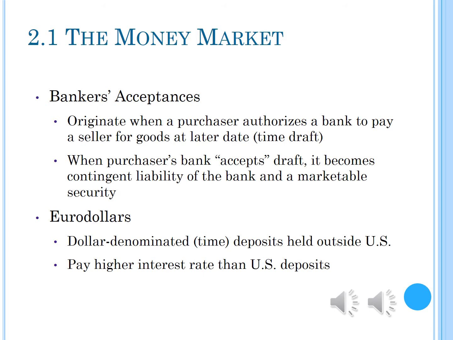And then at maturity, the full amount is paid out to the investor that holds the banker's acceptance. So we can basically define these as an order to a bank by a customer to pay a sum of money at a future date.